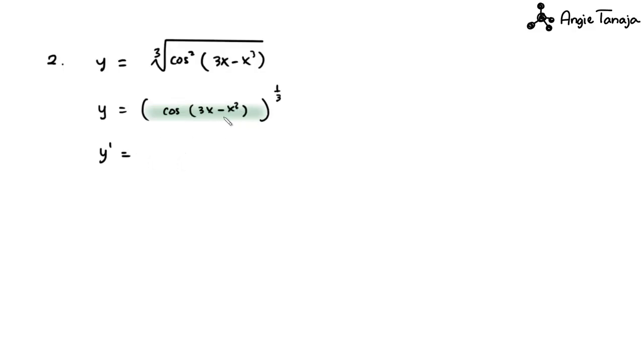So the derivative of this, let's assume that this one is x, x to the power of 1/3, or just the green part to the power of 1/3. So then the derivative will be just 1/3 times the green part.